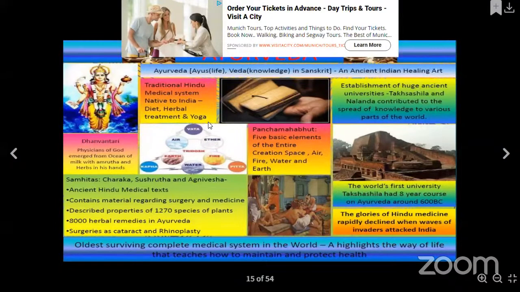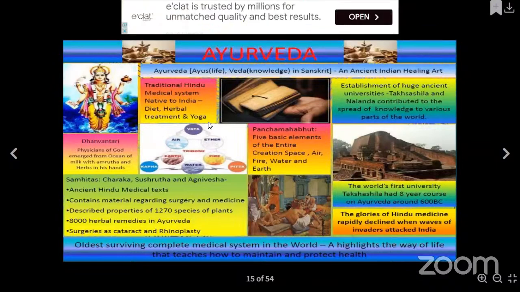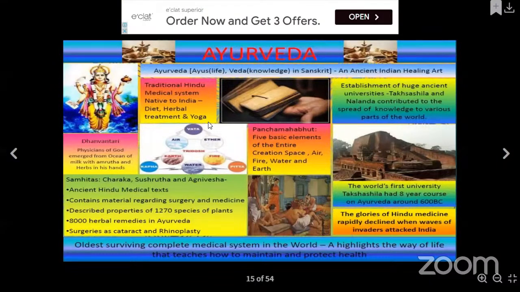Dhanvantari, the physician of the gods, emerged from the ocean of milk with amrita and herbs in his hand. Initially they got poison, which was taken by Lord Shiva. After that, the Amrutam came, and after having Amrutam the gods got immortality.